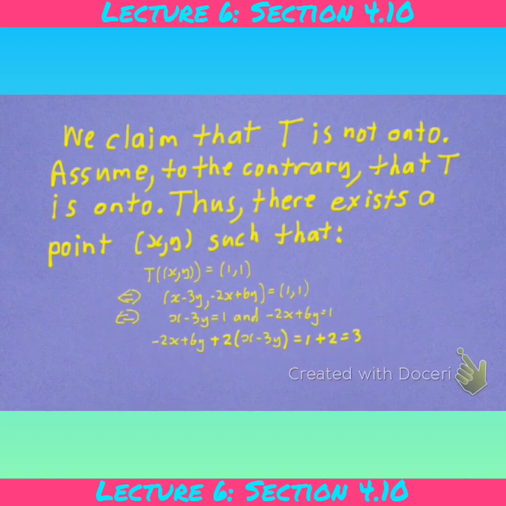And so from there, that implies that 0 is equal to 3, contradiction. Okay, so this function is clearly not onto.